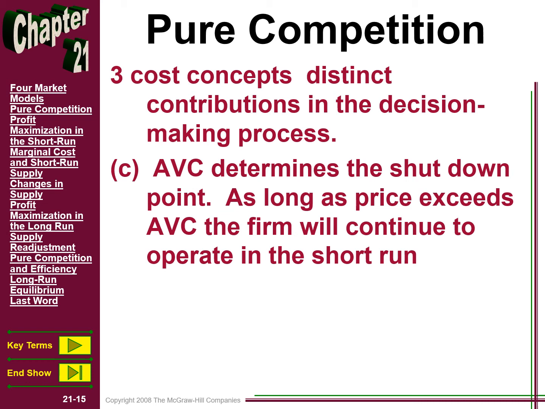And the general rule is, as long as price is greater than average variable cost at the intersection of MR equals MC, at the quantity of output which would maximize profit or minimize loss, it makes sense for the firm to produce, because by producing, the firm will either be making a profit or be covering some of its fixed cost, suffering a loss less than its total fixed cost.